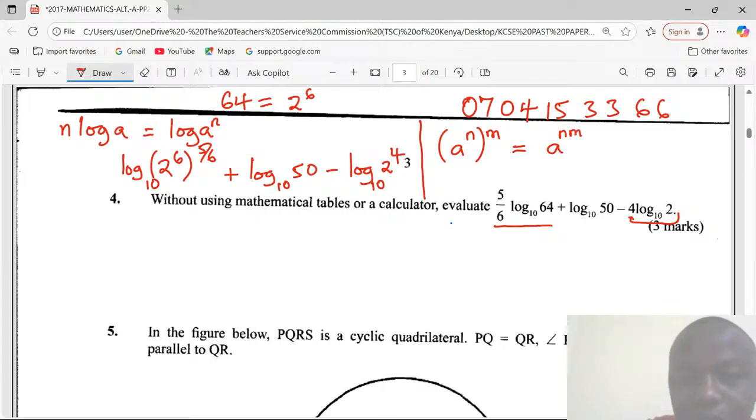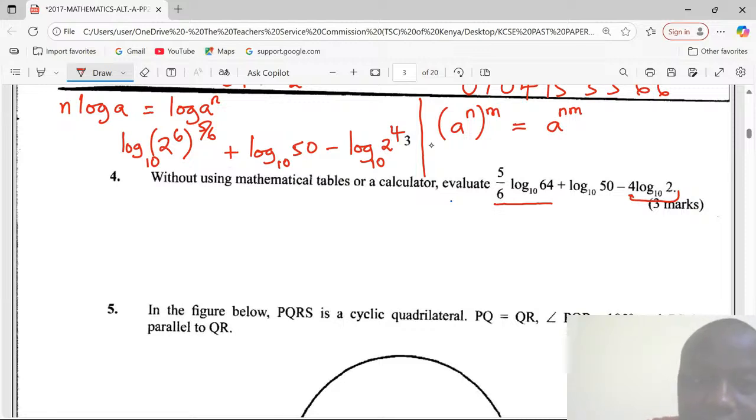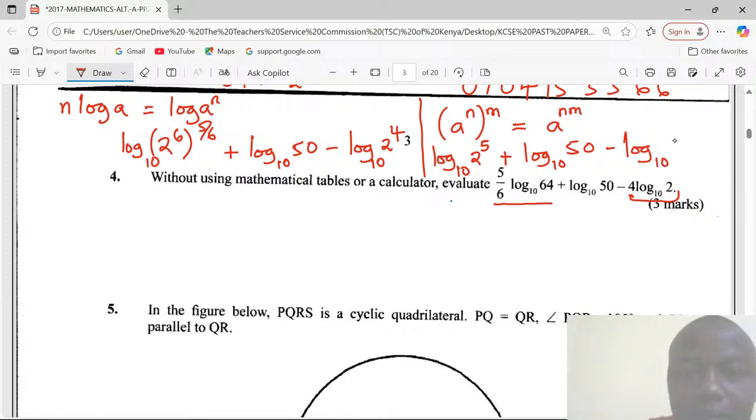With that law, the first term becomes the log to base 10 of 2 power 5, because 6 and 5 over 6 multiply and we remain with 5, plus the log to base 10 of 50 minus the log to base 10 of 16. That is 2 to the power of 4, which is 16.